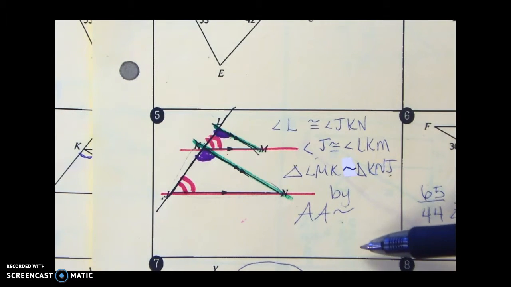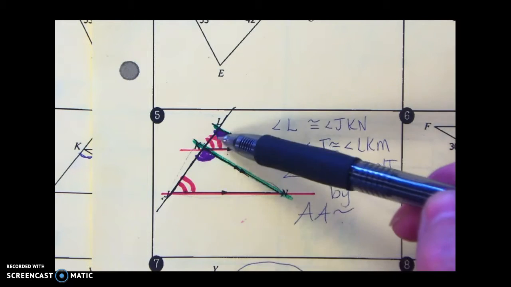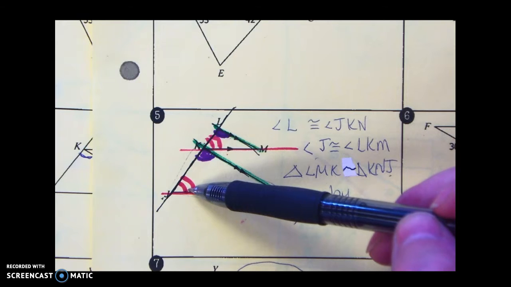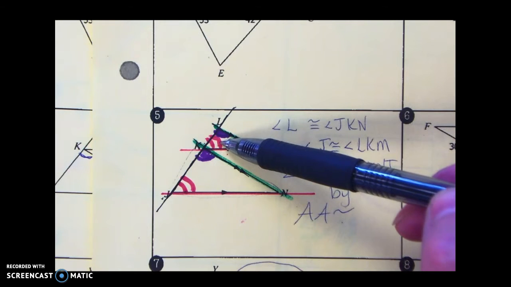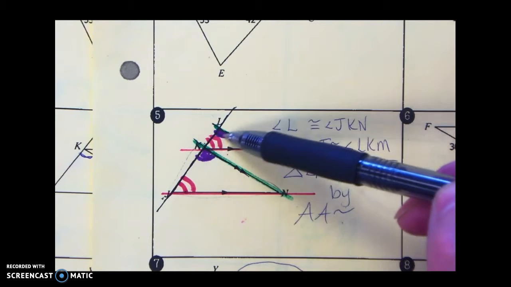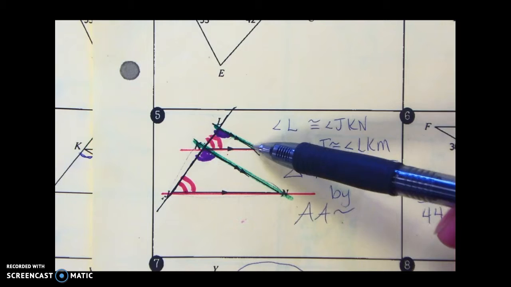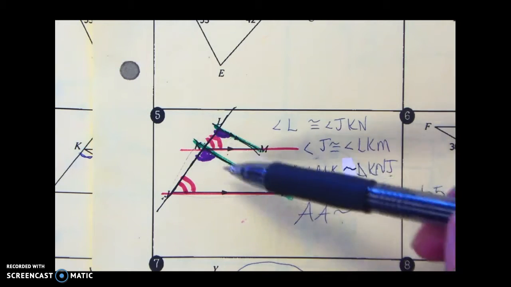And when we state that, we know that if this angle of this triangle is congruent to this angle of that triangle, and these other 2 angles are congruent, the third angle must be congruent because they have to add up to 180.